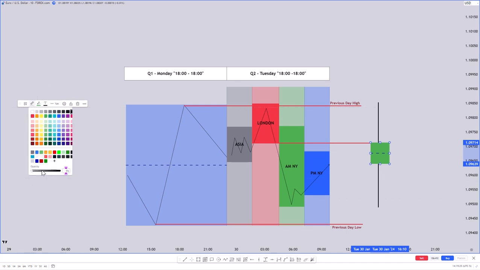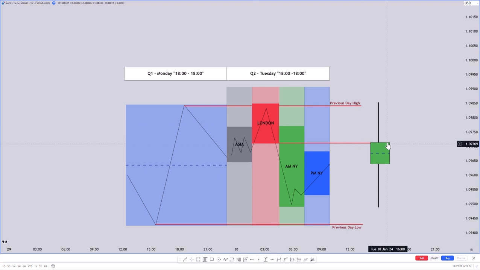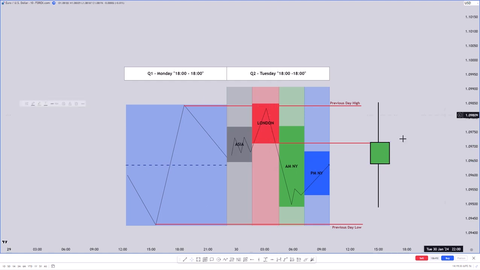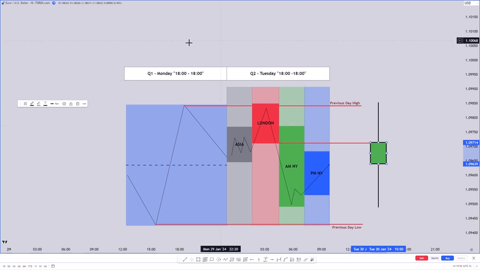And then Q3 forms the close, and then the open of London, which is the end of Asia, forms the open, right? That's how you initially identify your whole entire previous day range, right? So right now we're going to be going into a live chart example, right? All this we identify on either the 1 hour time frame or the 90-minute. When we're in Forex, you can identify it on either one, right?